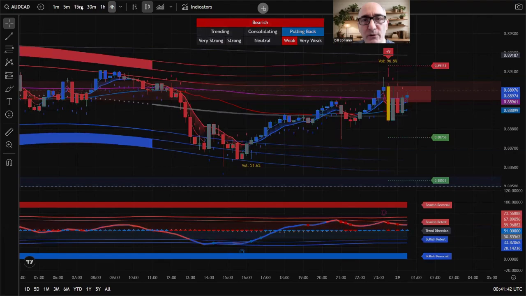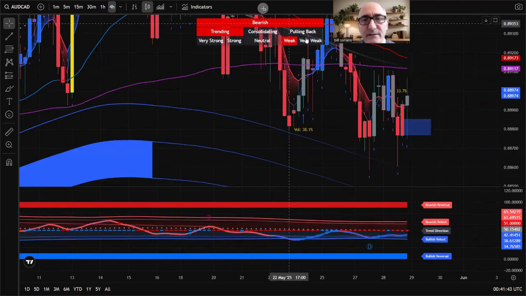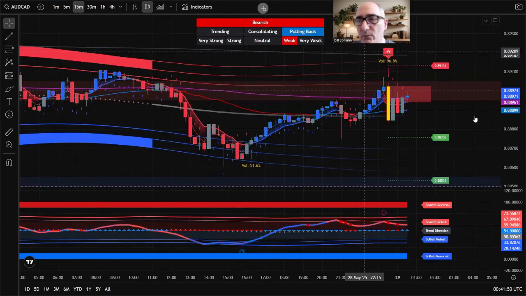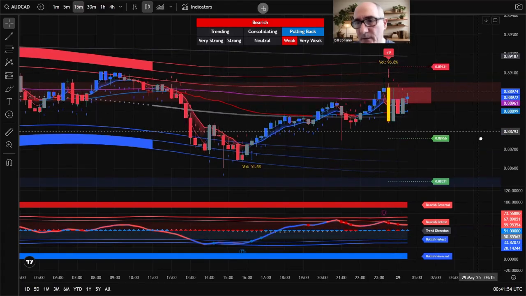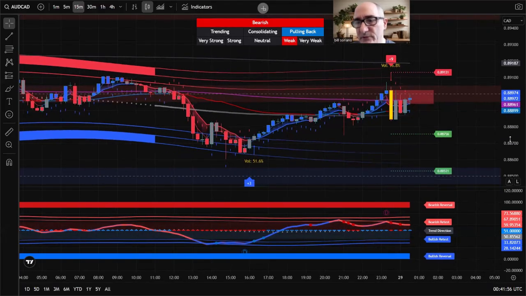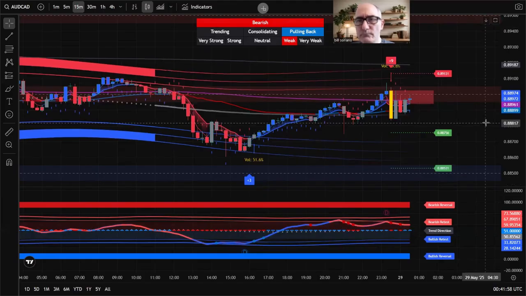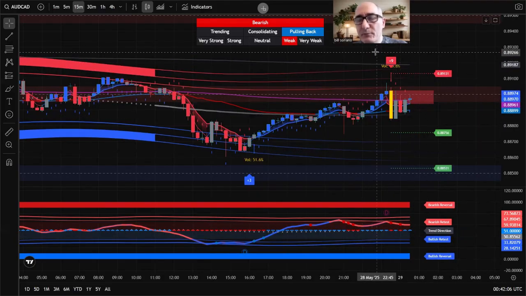So if we go to the 4-hour, we could see that the trend scorecard is giving us a bearish trend on the 4-hour, which tells us that this is a good trade to take. So we'll have to see what this trade does here, and I'll update you on it tomorrow. But this looks like a very good setup using Sniper Pro.